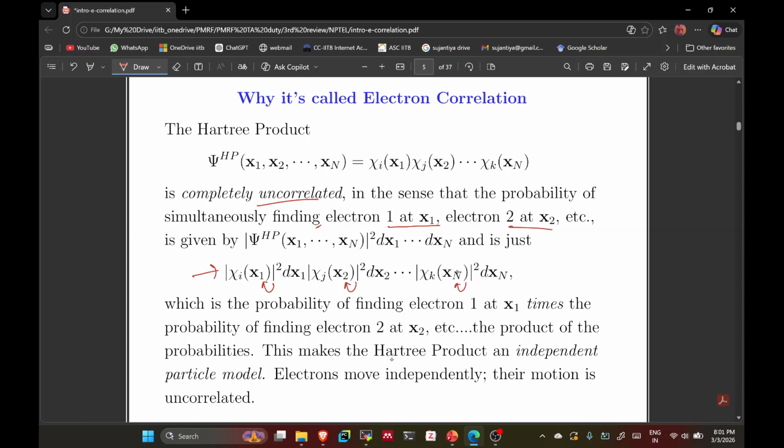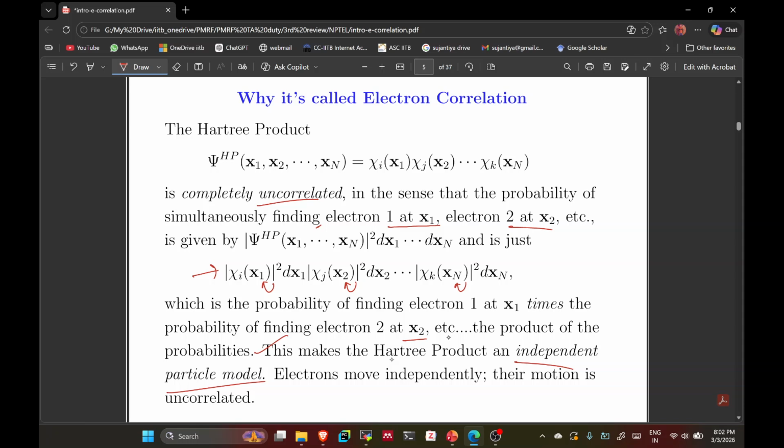If you see this probability, it is nothing but the individual probabilities of finding each electron, and you take the product. That means the electrons are behaving in an independent way: the probability of finding electron 1 at x1 times the probability of finding electron 2 at x2, and so on. This makes the Hartree product an independent particle model.